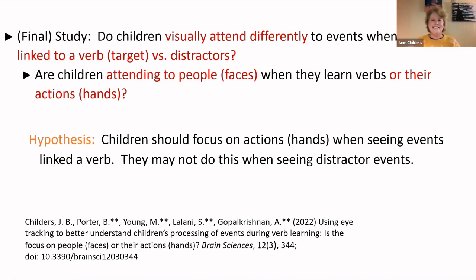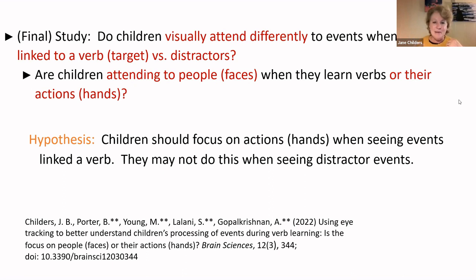Our last study is to see if children's visual attention is affected. We took that naturalistic stimuli, though we simplified it a little bit, and wanted to see if children, using the eye tracker, visually attend differently when there was a target or a distractor.